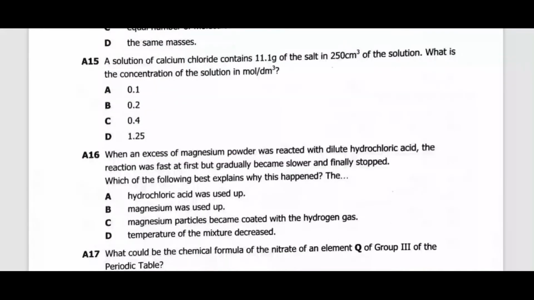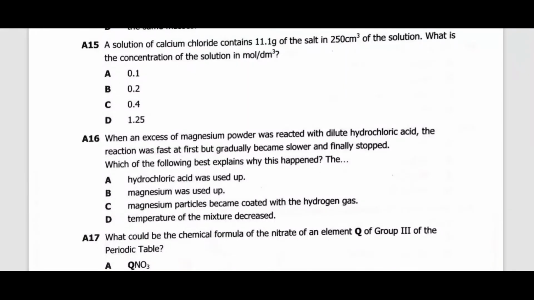Then we go to question 15. A solution of calcium chloride contains 11.1 grams of the salt in 250 cubic centimeters of the solution. What is the concentration of the solution? So what is the formula for concentration?